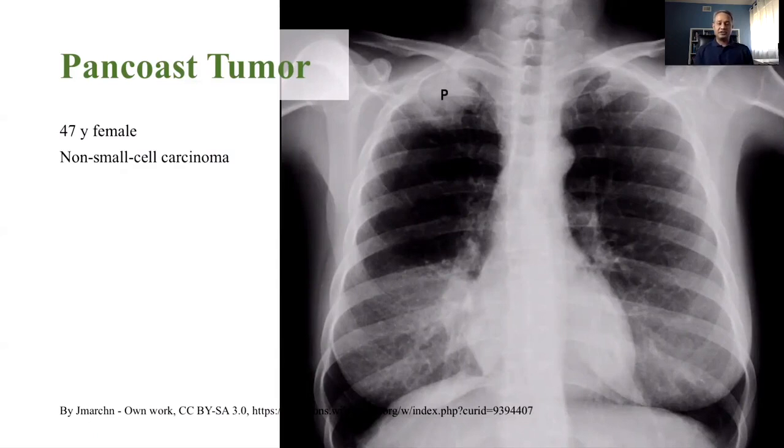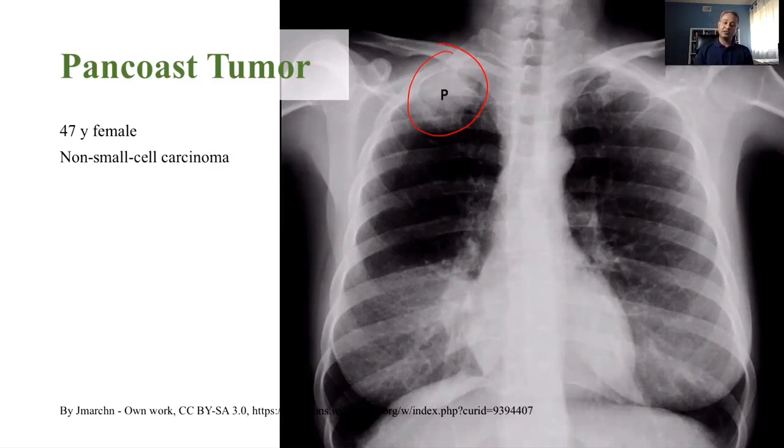Now, complications. As we talked about Lambert-Eaton syndrome before, here are some more complications. This is a chest x-ray of a 47-year-old female who has a Pancoast tumor. Look at this here. It is labeled with P. So she has a tumor at the apex of the lung. And of course, over here, it can impinge upon the veins, the brachiocephalic vein.